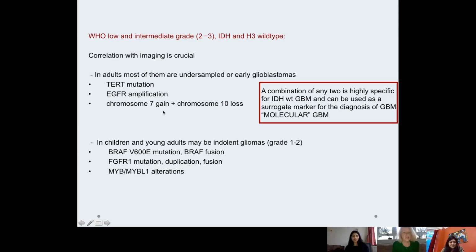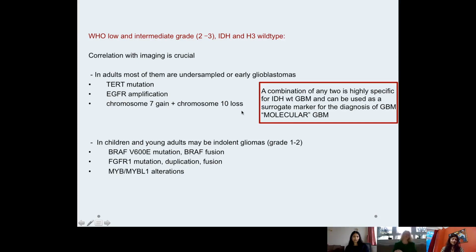And the same for the combined 7 plus 10 minus. Where the TERT mutation is, you have to be a bit more careful because it can be sometimes detected also in other low-grade gliomas. In this context here of an older man and with the imaging, of course, the TERT mutation is sufficient to call it a glioblastoma.